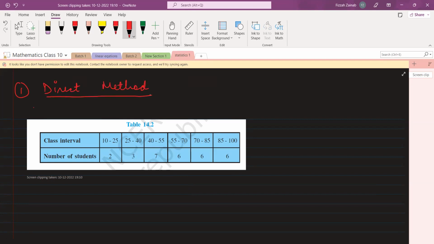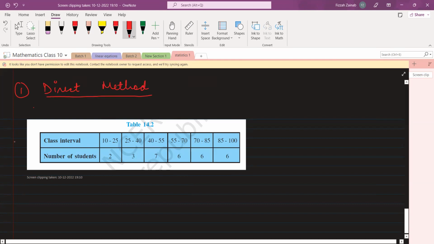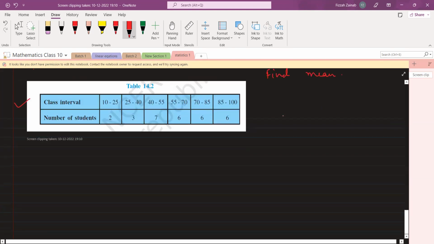So let's say this is the question given to you. Class intervals are given and the corresponding number of students are given, and you have to find the mean. Just write down the question. You make columns.